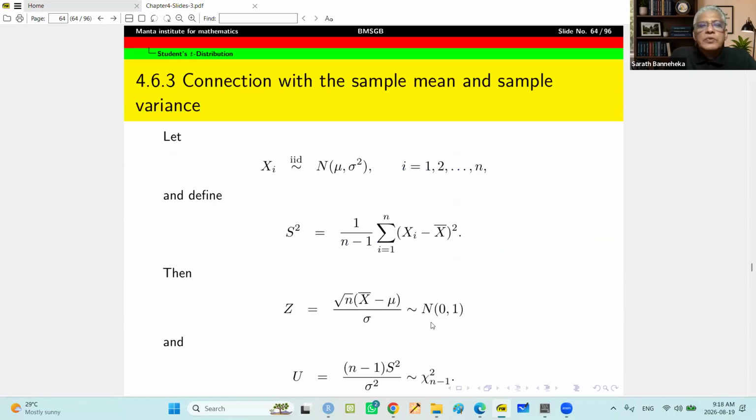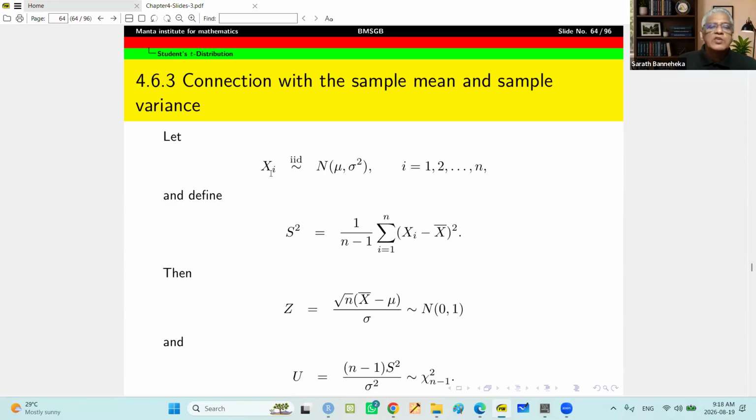Okay. Now we will look at the connection of this T distribution with the sample mean and sample variance. This is what is important for statistical inference, right? So suppose you have a random sample x1 up to xn from a normal distribution with mean mu and variance sigma square.